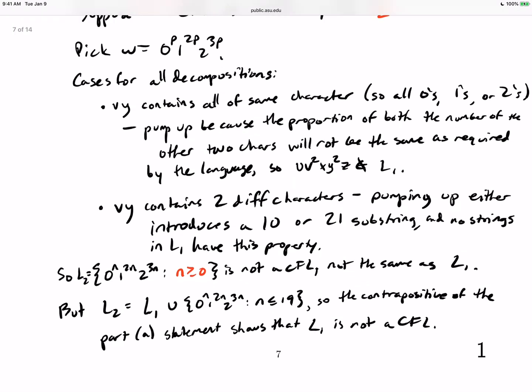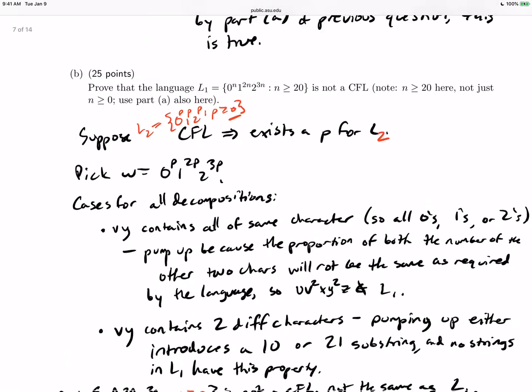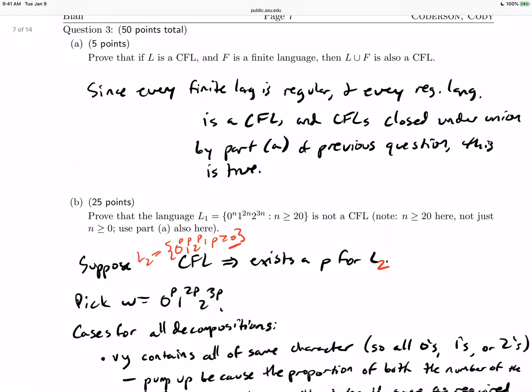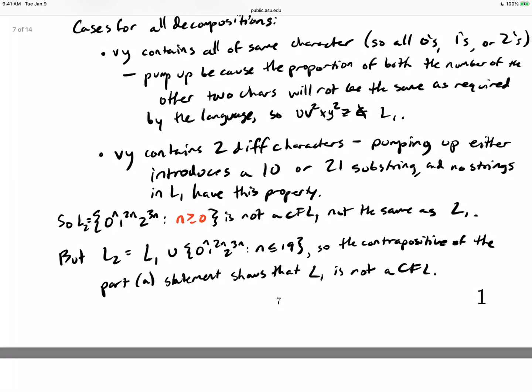Well, if L1 were the language we want to prove not context-free, suppose it is context-free, then the at most 19 one is finite. But by part A, a context-free language union a finite language is a CFL. But the thing on the left side is not a context-free language because I just proved it. So therefore L1, the thing that we want to prove not context-free, really isn't context-free.